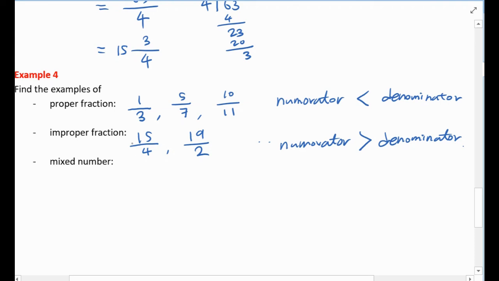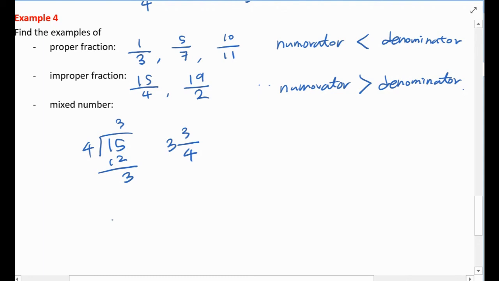Okay? And 15/4. So how do I change this to a mixed number? So we divide 15 by 4. 4 goes into 15 3 times. We have 3 left. So that is 3 and 3/4.